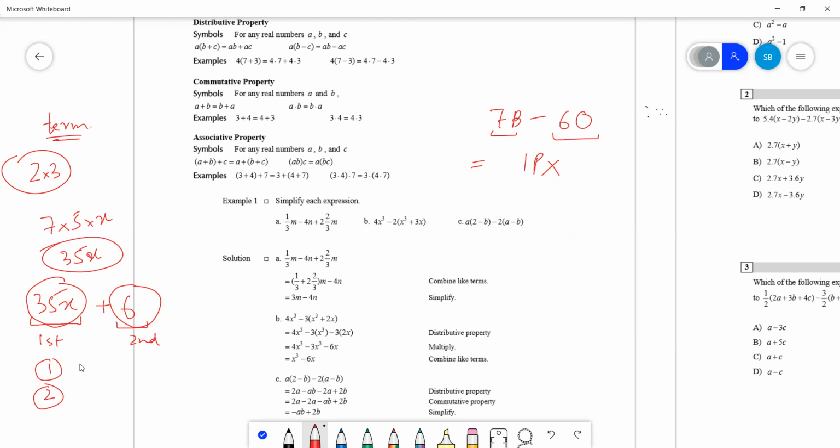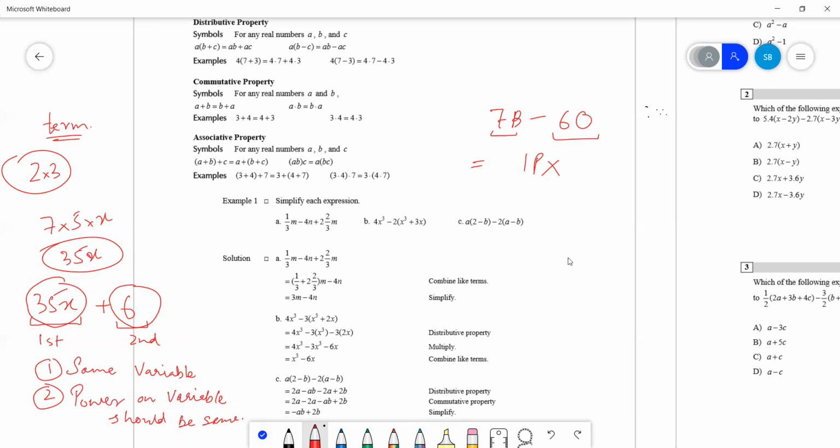Number one, they should have the same variable or variables. And number two, the power on the variable should be same.